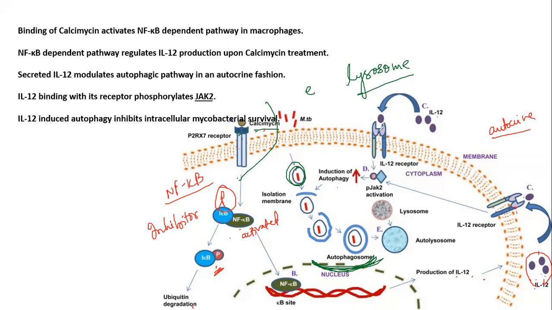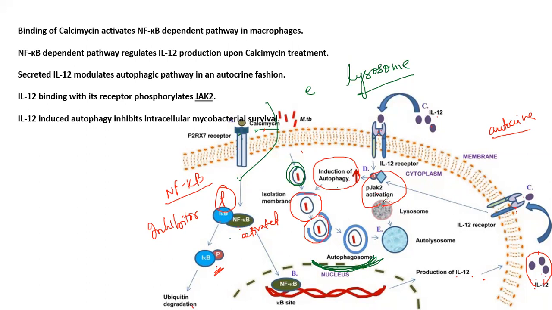Now, binding of interleukin to the receptor activates your JAK kinase pathway. When the JAK kinase pathway gets activated, it induces autophagy, where the mycobacteria engulfed by the macrophage go for formation of the autophagosome.